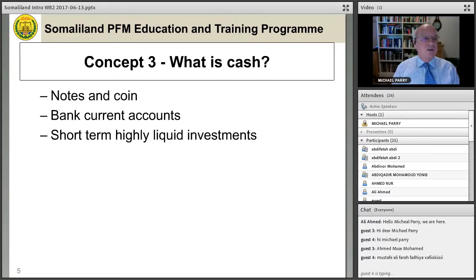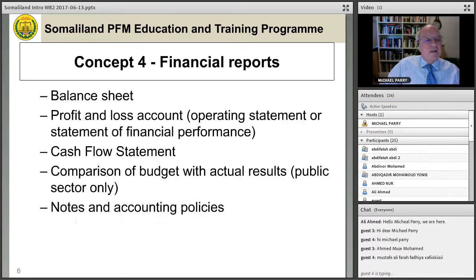Cash comprises notes and coins, bank current accounts, and short-term, highly liquid investments. It could also include bank deposit accounts, provided that they can be accessed within a short period of time, usually 3 months. So when we talk about cash, we will be talking about it in the sense of this definition.